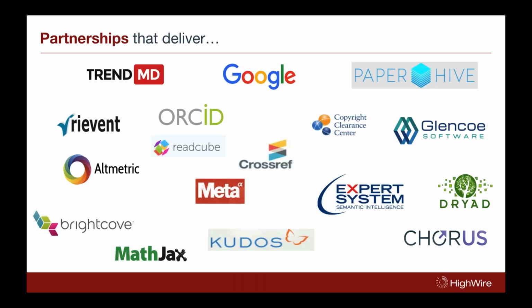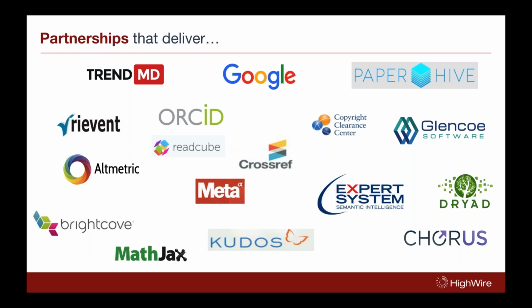So as I mentioned, we have quite a few partnerships available. And what's great about the HighWire Intelligent Platform is you have the ability to leverage all the third-party tools across the intelligent platform. So if you wanted to add presenters' ORCID iDs, you want to add Altmetric, you want to make sure that you have support for MathML, MathJax for figures and making sure equations show up correctly, as well as videos.